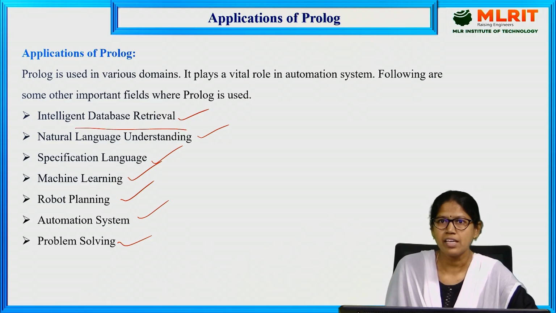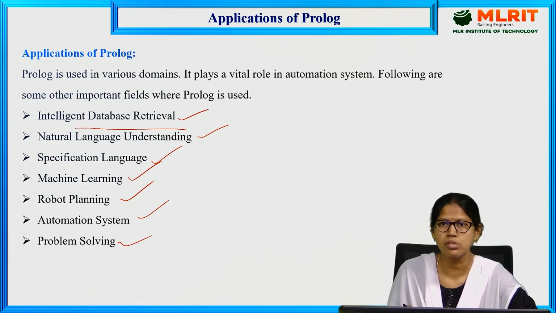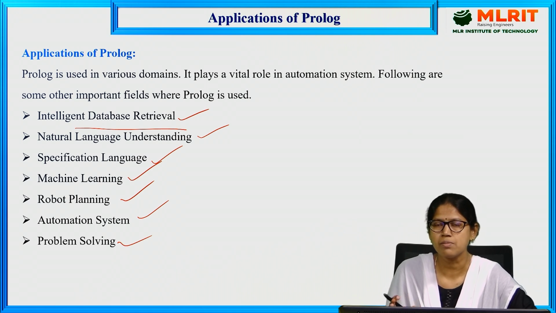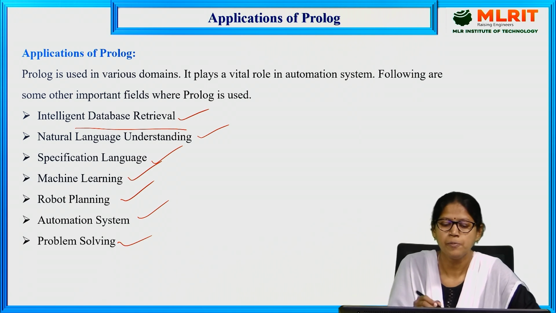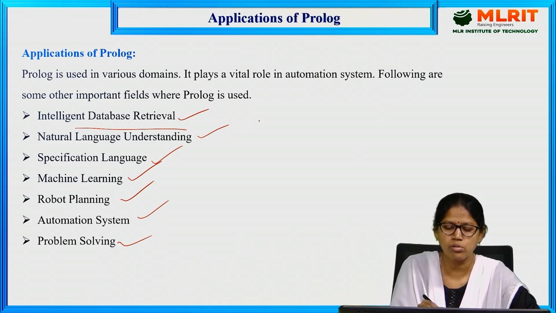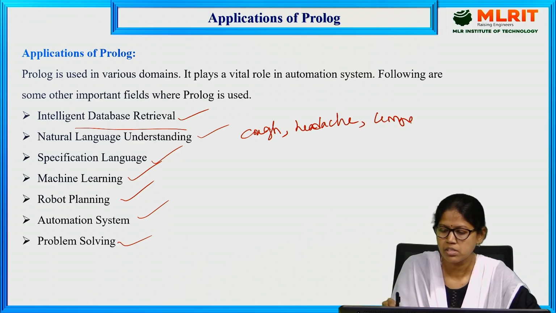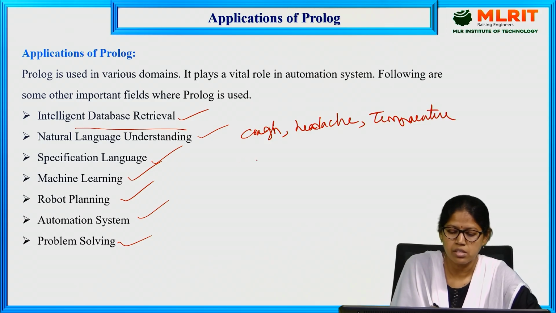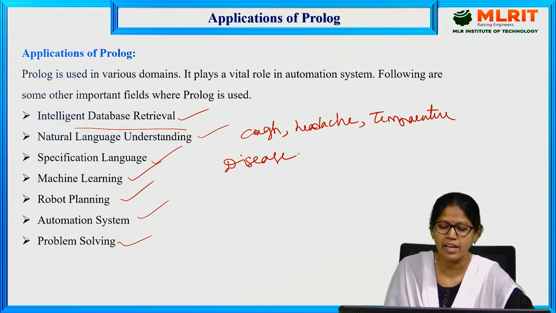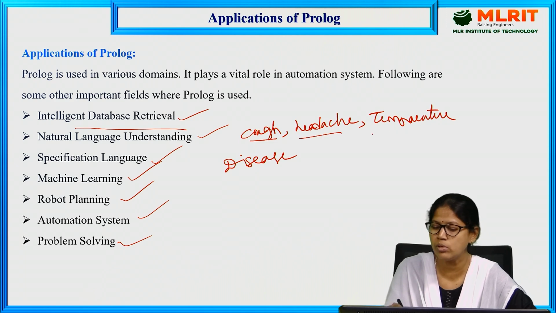For example, if you take expert systems, some of the symptoms are already placed into the database. Whenever we ask a query to the expert system, based upon those symptoms, it will give the disease name. For example, in the database, cough, headache, and temperature are already stored. Whenever the user asks about the disease, it will ask questions like, do you have cough, do you have headache, do you have temperature?